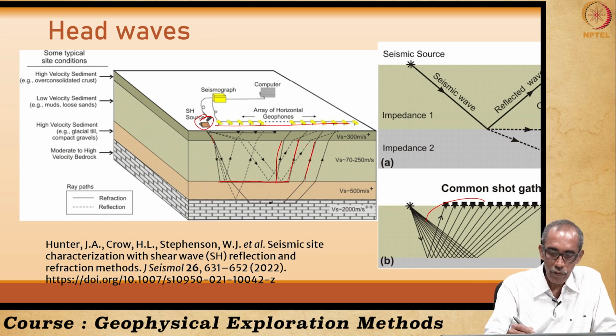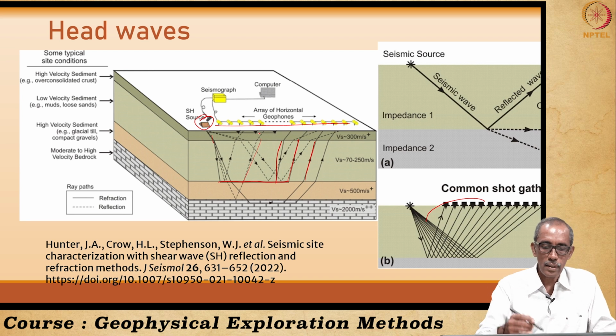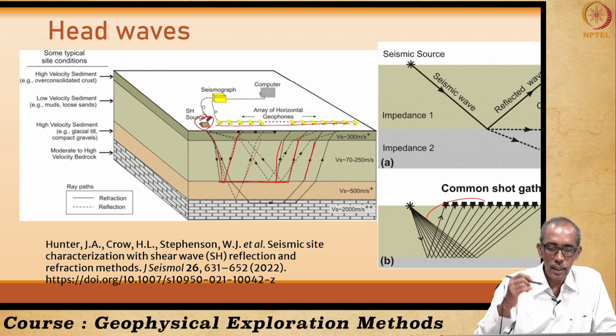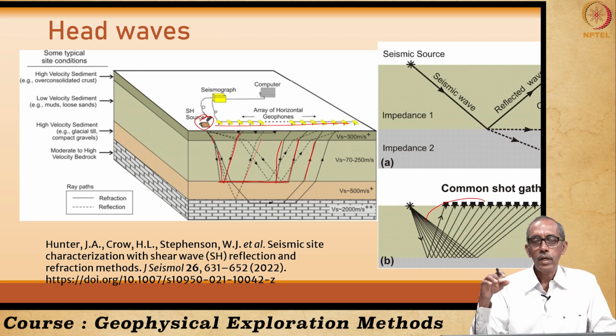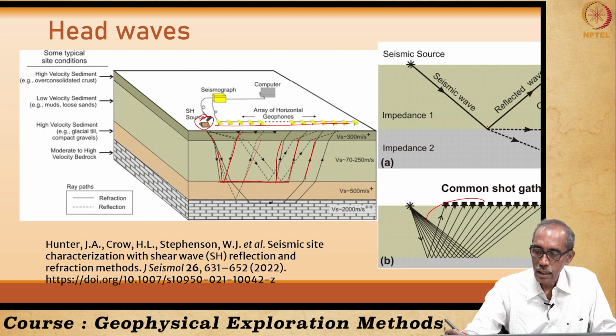At the same time, we may also have the reflected signals reaching the surface, as you see here, right. But in this method, we are going to look into the refracted signals only, because here the seismic wave meets this. If it is not at critical angle, it is completely getting reflected.